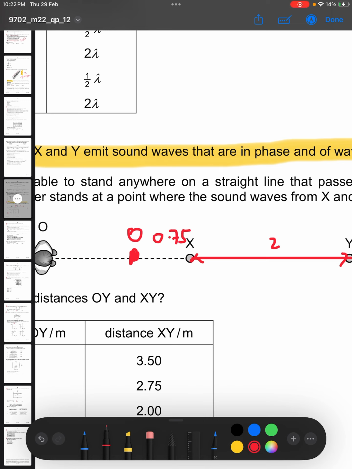So there's an additional 0.75 to move from O to Y, so that the distance from O to Y is 2.75. So the wave moving from Y to O, we have to move a distance of 2.75, whilst the one moving from X to O, we have to move a distance of 0.75.